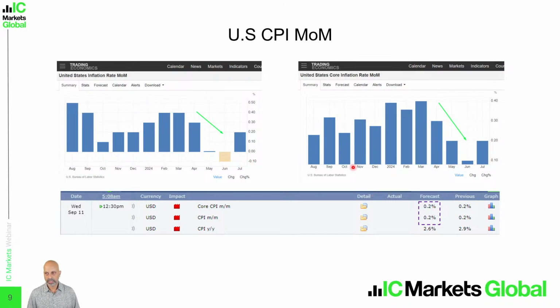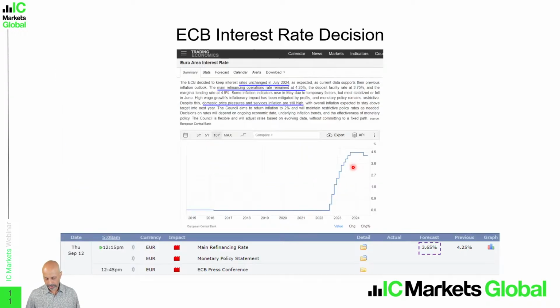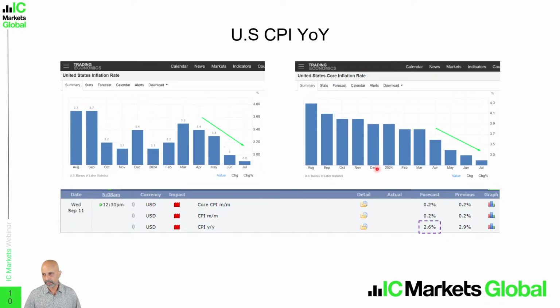So we are seeing the monthly rate increase at a steady pace, which would signal that the annualized reading continue to moderate lower. We can see headline CPI, which is the chart on the left, moderate significantly lower from 3.5% year over year in March down to as low as 2.9%, while the core reading has dropped from about 3.8% in March to as low as, I believe this is about 3% in July.